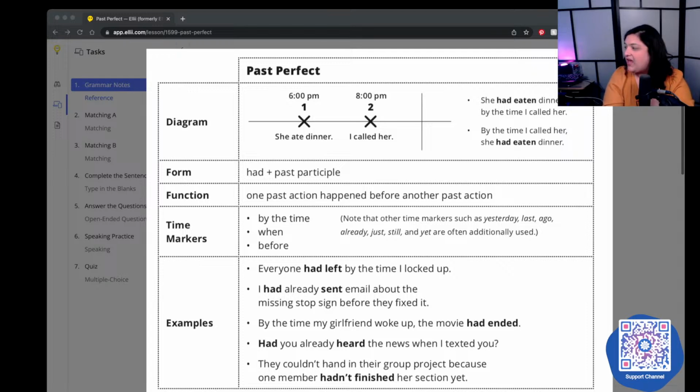So she had eaten, and I'm going to put in parentheses, past perfect, by the time I called her, simple past conjugation.